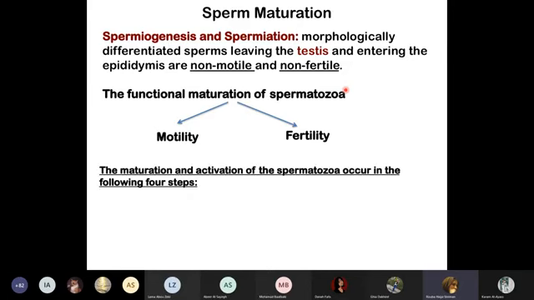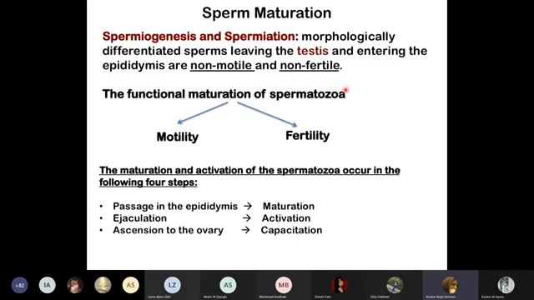This maturation occurs in different steps. As they transit through the epididymis, they undergo changes so that they become able to recognize and fertilize the oocyte in case of sexual intercourse and fertilization. Therefore, by passing through the epididymis, the sperm acquires motility, and after ejaculation it will be activated.